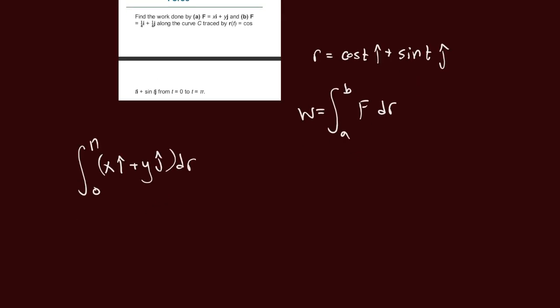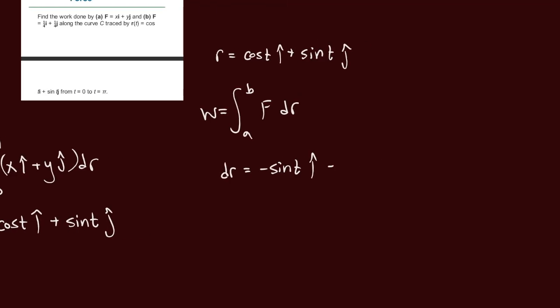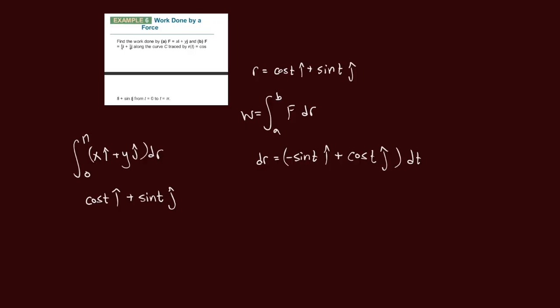So we're going to set our X to be cos of T, and we're going to set our Y to be sine of T. And we're going to get our dr. Dr we're going to get from here. So if we differentiate dr, this is minus sine of T plus cos of T dt. Okay, so we'll just put that into here.